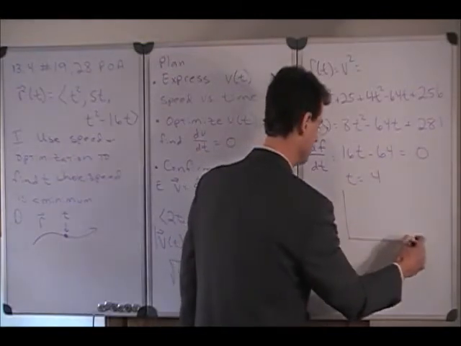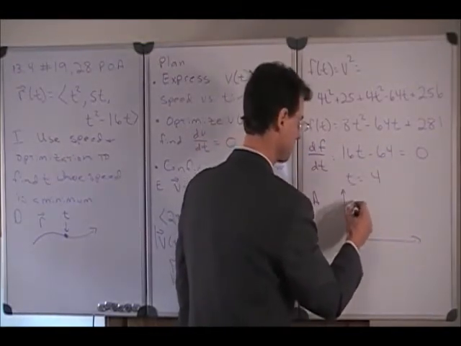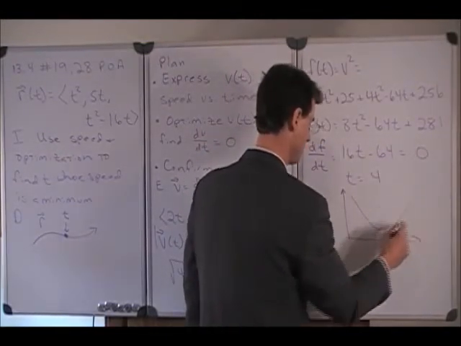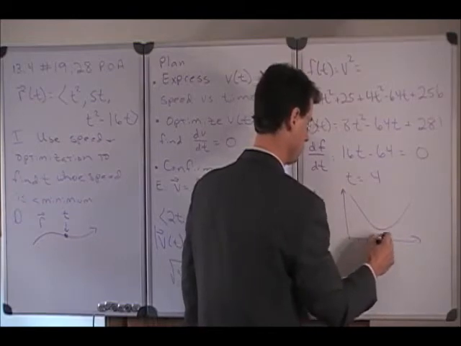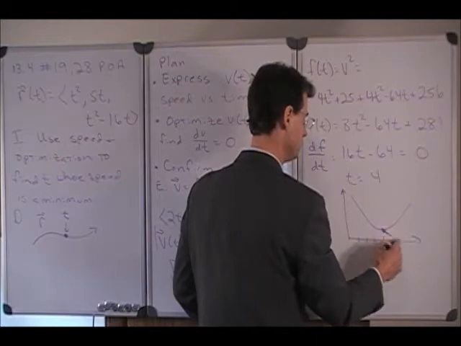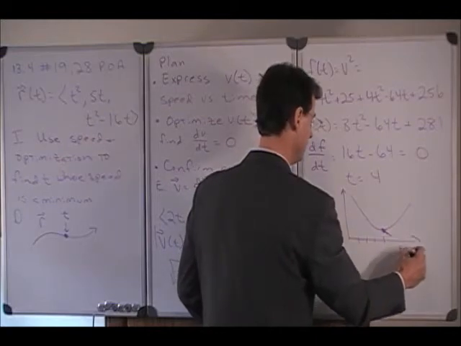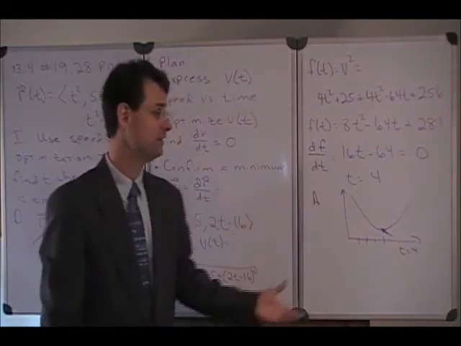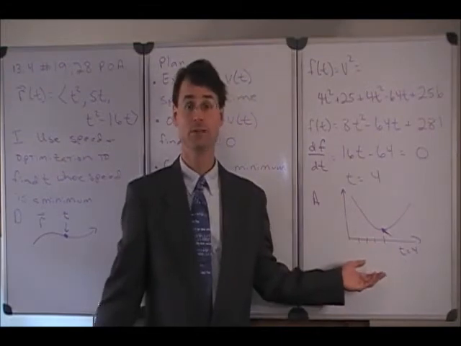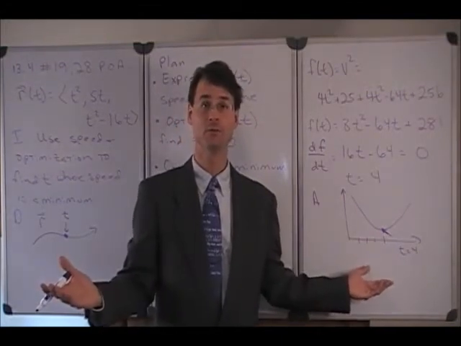So when we graph it, we'd get something like this. So by visual inspection of the graph and confirming that the minimum occurs at t equals 4 would give us confidence that we've solved the problem correctly.